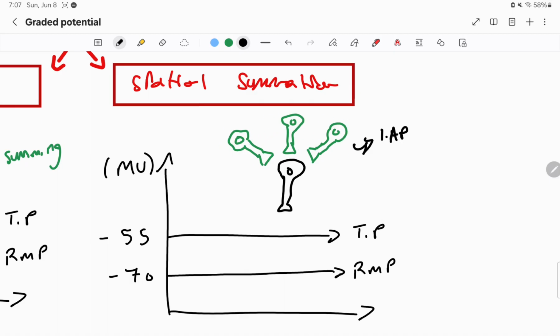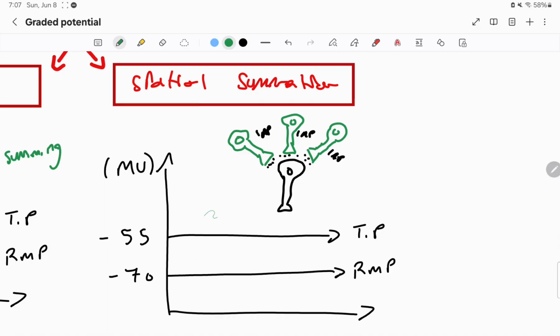So one AP here, one AP here, one AP here, and they release X number of neurotransmitters in the synapse. They will all bind to the postsynaptic membrane ligand-gated channels, and cause some sort of EPSP response that we can record on this graph.